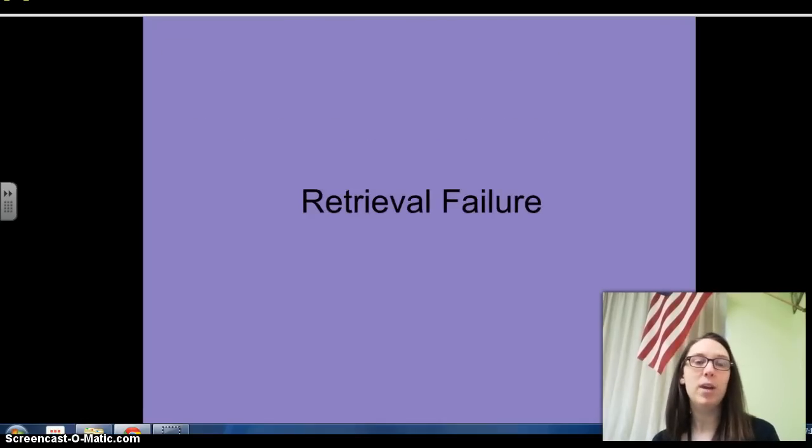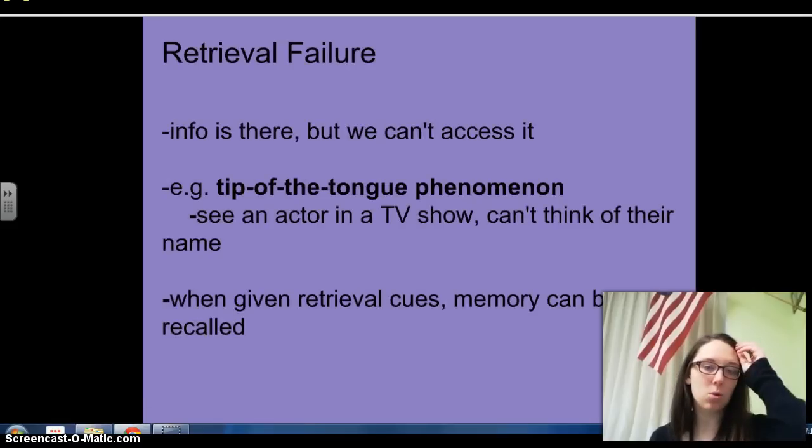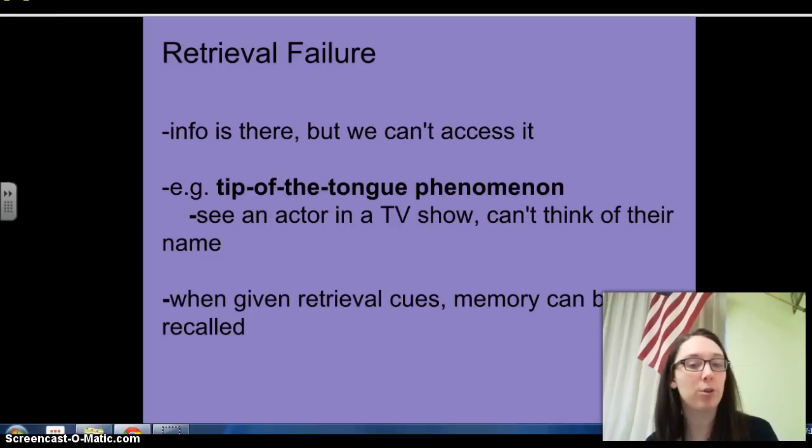All right, lastly, we have retrieval failure. We've gone over encoding failure, we've gone over storage decay, and then the last step of the information processing model is going to be retrieval. So with retrieval failure, the first example of this is going to be the tip of the tongue phenomenon. We talked about this a little bit earlier. And so this is just showing us that sometimes the memory can be fully maintained, the physical memory trace is there, but the access point is really difficult to find.